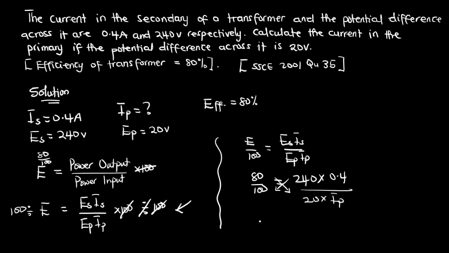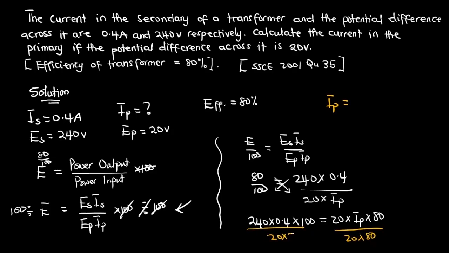So I have 240 multiplied by 0.4 multiplied by 100 is equal to 20 multiplied by IP multiplied by 80. So to find my IP, my IP will be equal to all of this divided by 20 multiplied by 80.